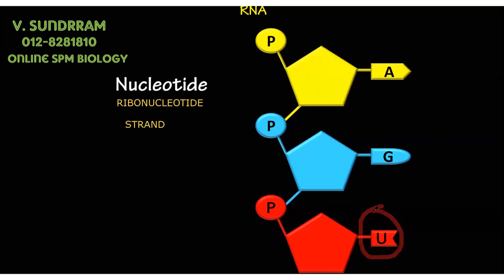My next question, which you need to answer: can I draw this RNA by having uracil here and here, all three places uracil, instead of having, like in here, adenine, guanine, uracil? Can I make all three uracil? Many students write yes.